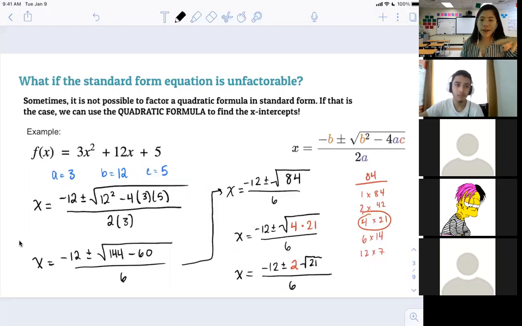Awesome. So now I can simplify. Is there a number that I can take out of each of those values? Can I simplify by anything?